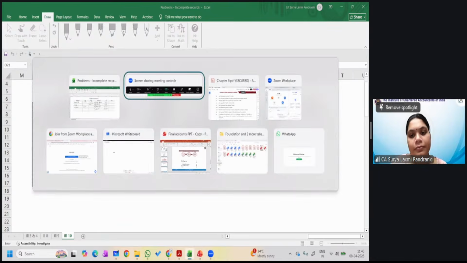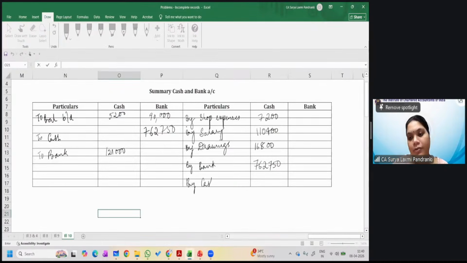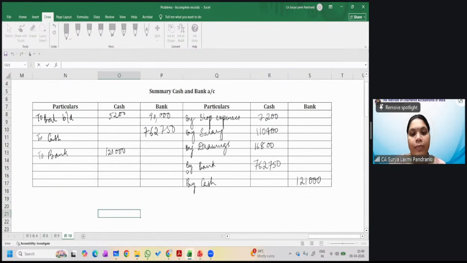And then by cash, bank column, correct. This is nothing but amount is being withdrawn from bank. So bank account balance has to come down and cash account balance has to increase. So we have done that. Correct?